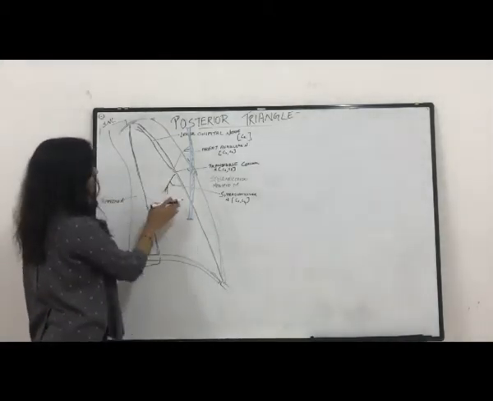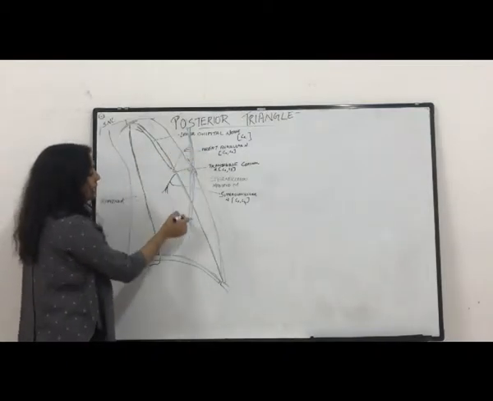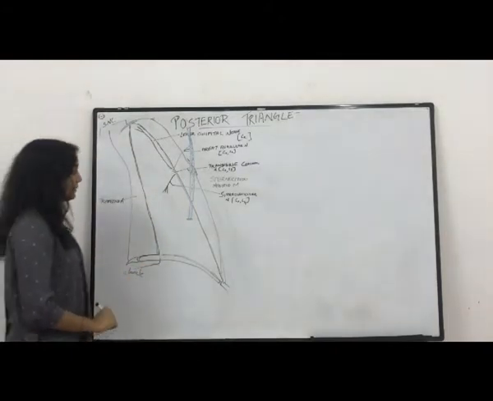So these are the structures. These are the four cutaneous branches of the cervical plexus, and this is the external jugular vein. These structures pierce the roof of the posterior triangle.